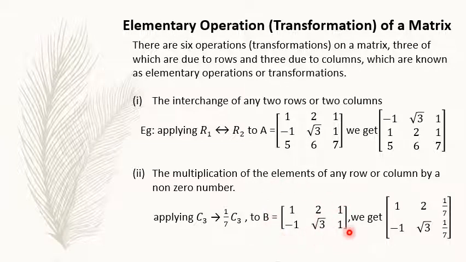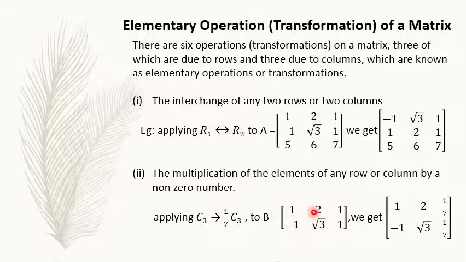Here, a 2 by 3 matrix B is given. Here the operation is C3 changed to 1/7 into C3, or C3 changed to C3/7. That is, column 3 should be changed to column 3 divided by 7. That is, we need to divide the entire elements in the third column by 7.